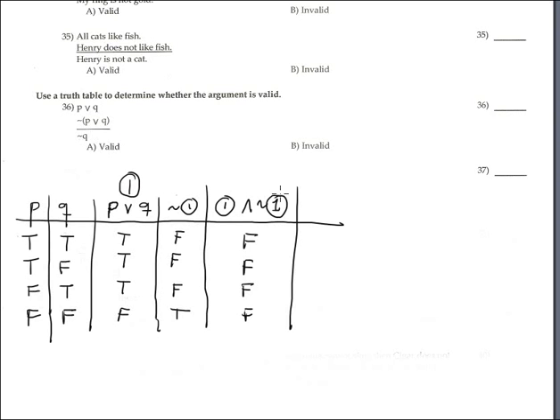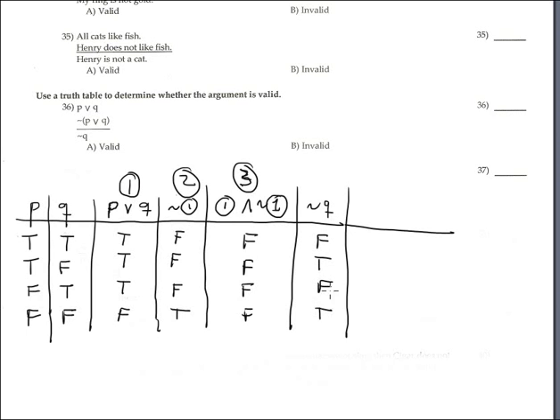Now the conclusion is negation Q. Then the conclusion, let me call this number 2. This is premise number 2, and this combination, let me call number 3. Negation Q is false, true, false, true. Now 3 conditional negation Q is the conclusion. Let's see what happened.